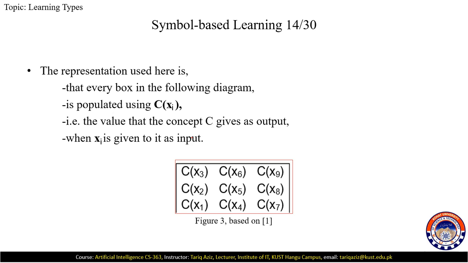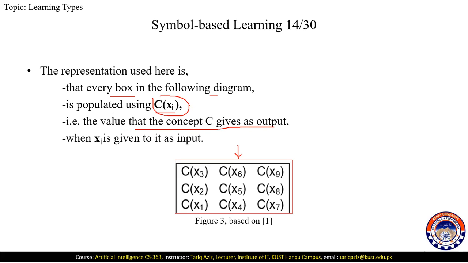Now, dear students, it says that we will represent all these possibilities with the help of these small boxes like this. So, the representation used here is that every box in the following diagram is populated using C(x_i). Now, what is this C(x_i)? The value that the concept C gives as output.